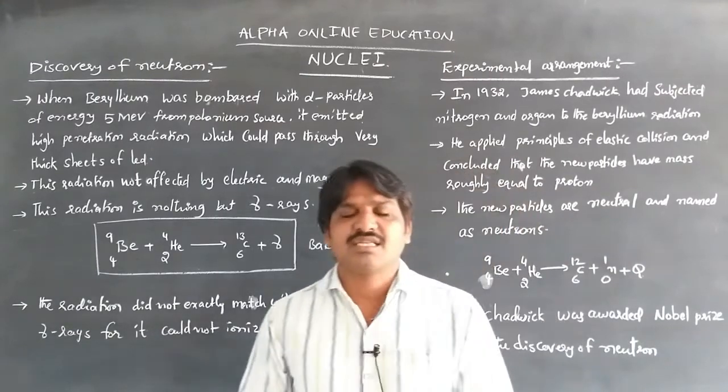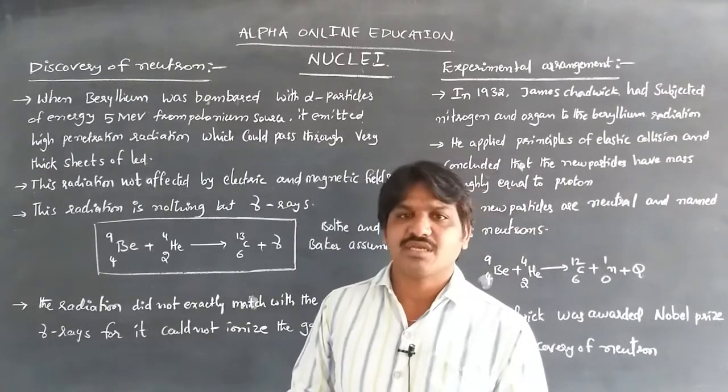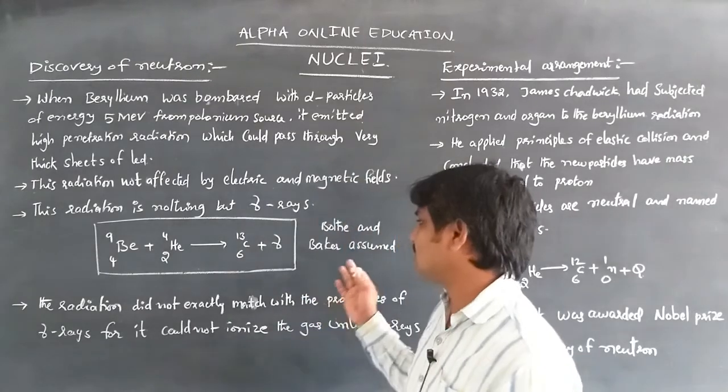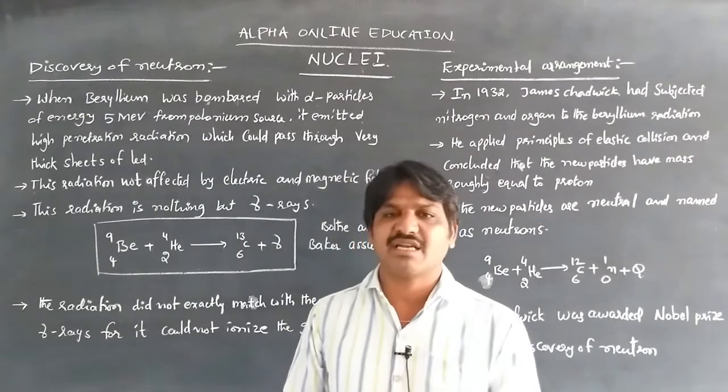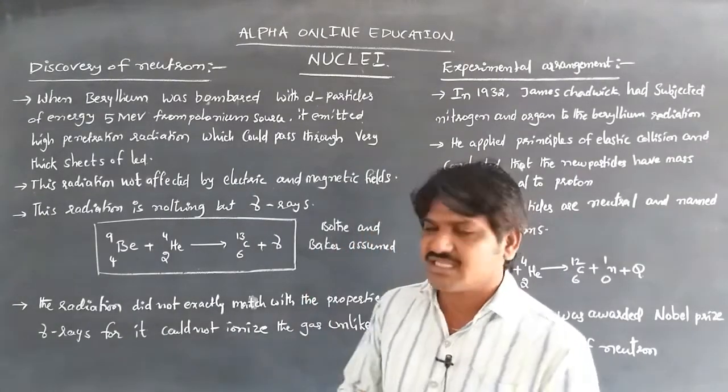They called it the beryllium radiation. They examined it and gave the idea that the radiation is not affected by electric and magnetic fields, so the radiation is nothing but gamma rays.